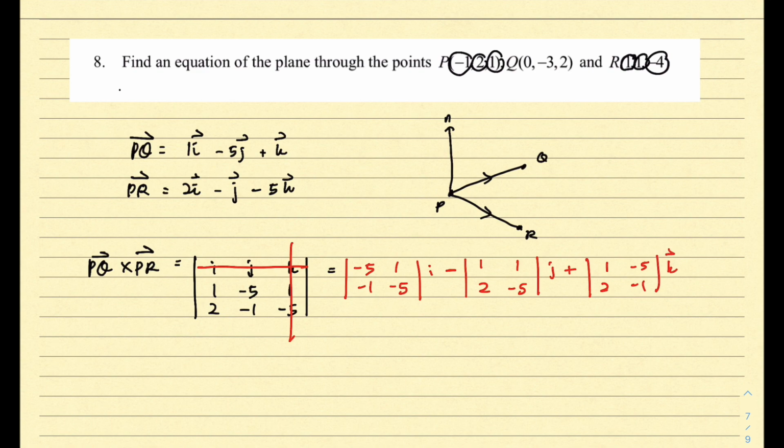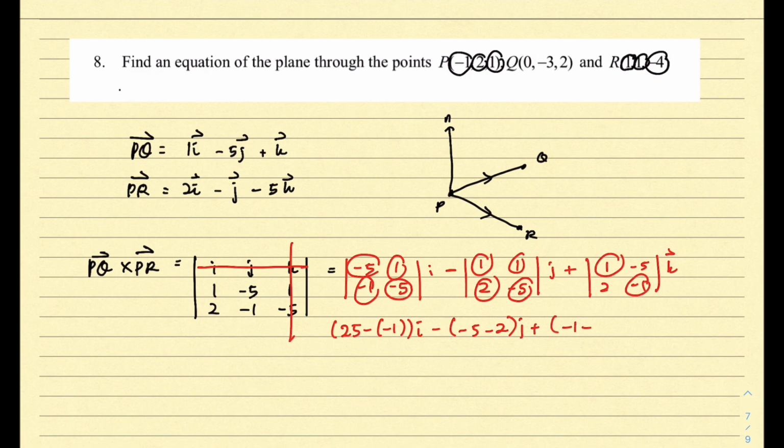Right? So now let's solve this. Negative 5 multiplied by negative 5 is 25, minus 1 times negative 1 is negative 1. This one is for I. Minus 1 times negative 5 is negative 5, minus 2 times 1 is 2. This one is for J. Plus 1 times negative 1 is negative 1, minus negative 5 times 2 is negative 10.